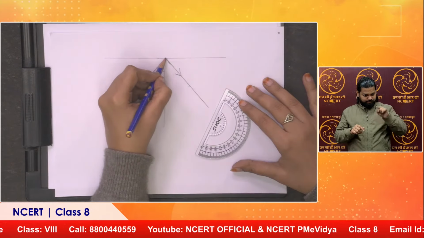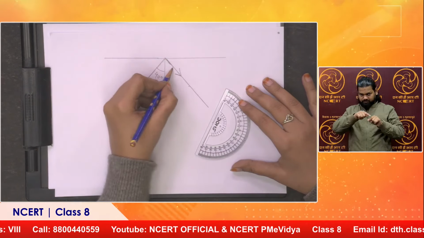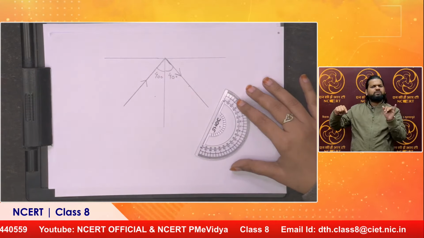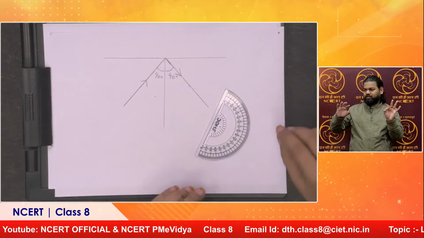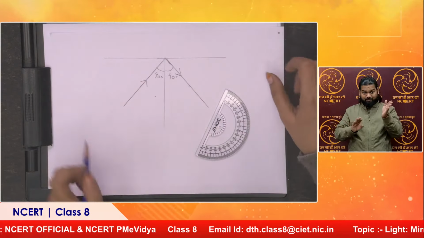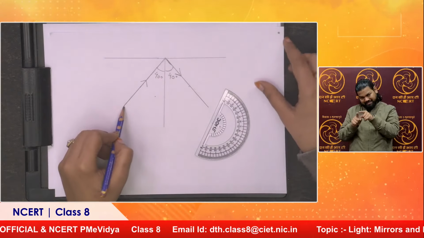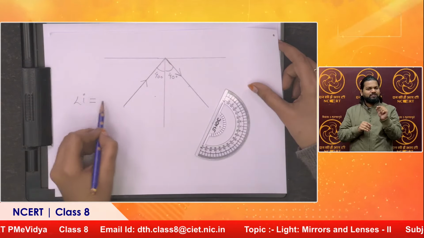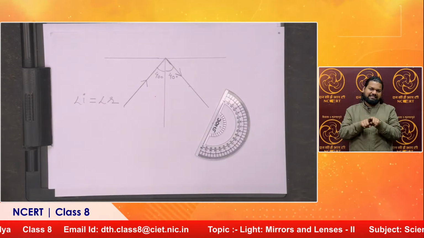We noted from where the reflection is coming out, and this angle is also 40 degrees. So, we have seen in the theoretical numerical also, and with the help of this activity also, that yes, always angle I will remain equal to angle R.